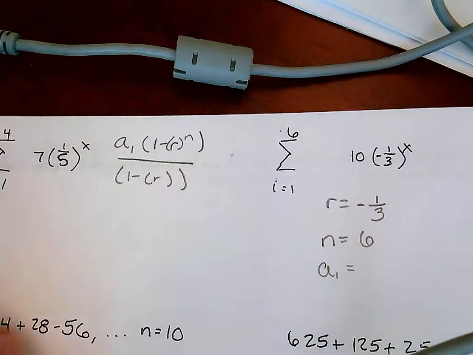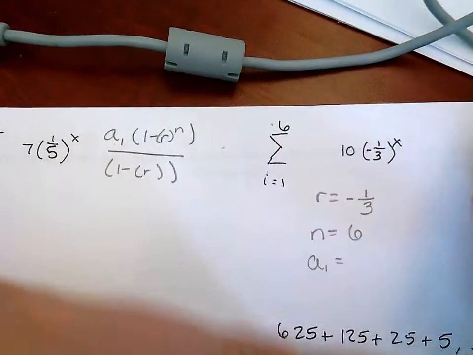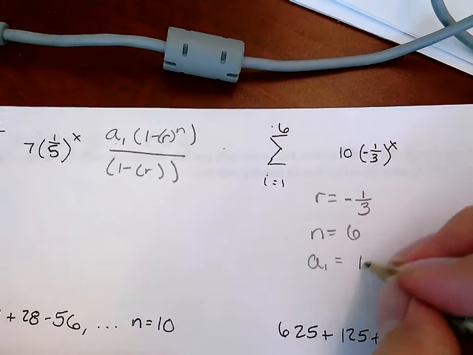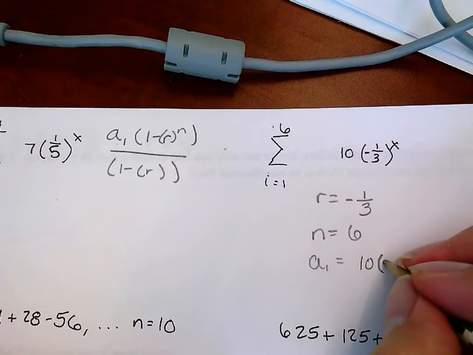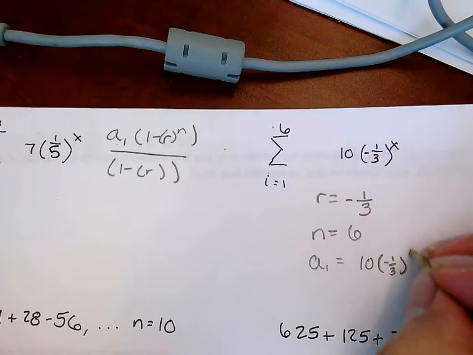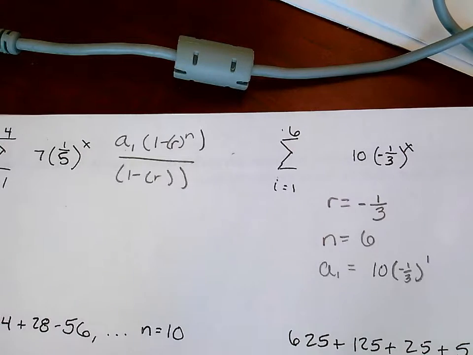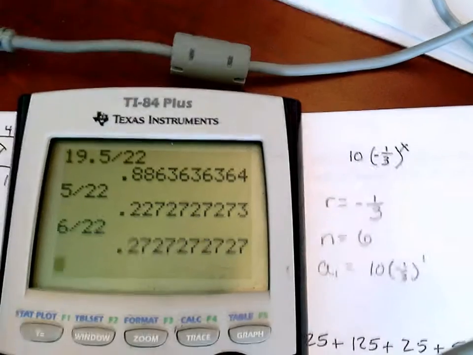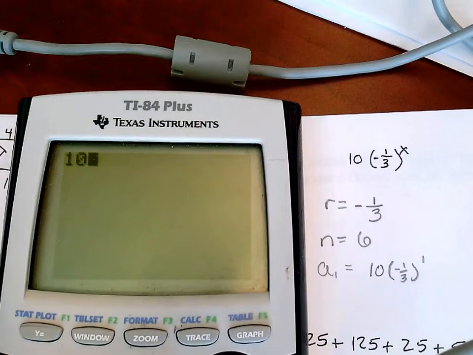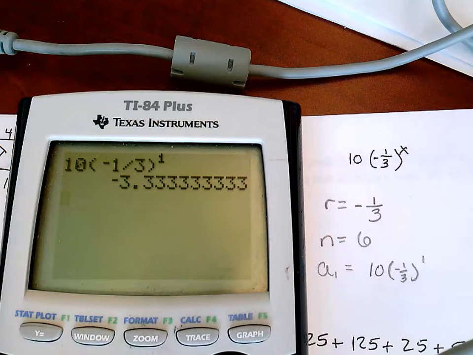So what I'm going to do is I'm going to take 10. We'll multiply by negative 1/3 to the power of 1. So if I take my little calculator, and I put in this just as I see it, 10 times negative 1 divided by 3, that's how a fraction looks, to the power of 1, it gives me negative 0.3333 repeating.